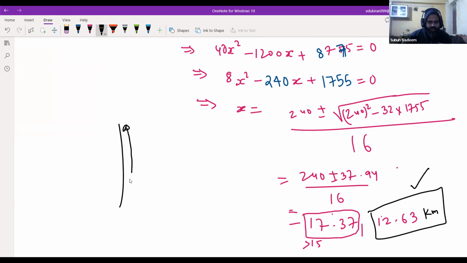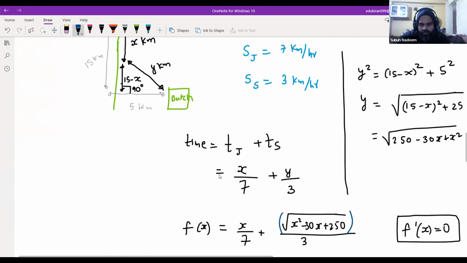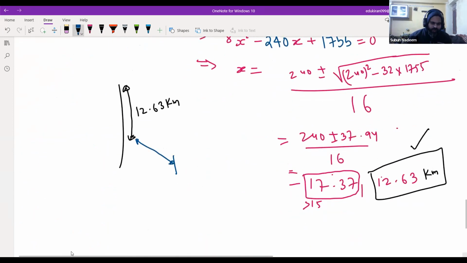So Lulu's route is that he will jog for 12.63 kilometers, and then he will swim diagonally, like this way, and this distance will be y kilometers, which was 250 minus 30x plus x square.